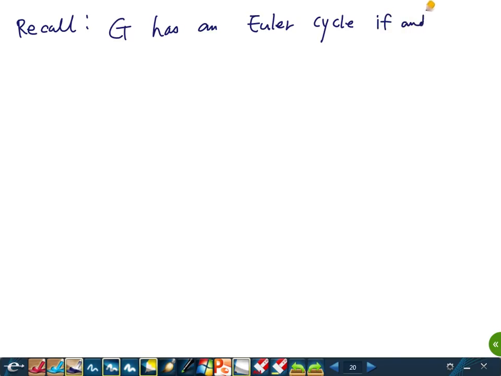Okay, let me rewrite the theorem on Euler cycles so that it can be stated in this way. G has an Euler cycle if and only if, this is 2 directions, G is connected and every vertex has even degree.